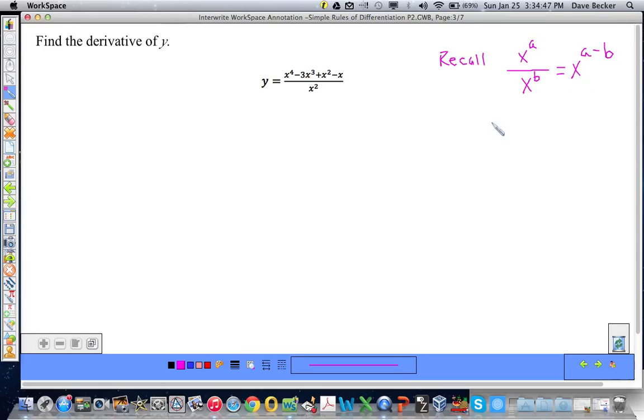Also, if I have a plus b over c, that's equal to a over c plus b over c. So I'm going to have to do a little bit of algebra in order to take the derivative here.